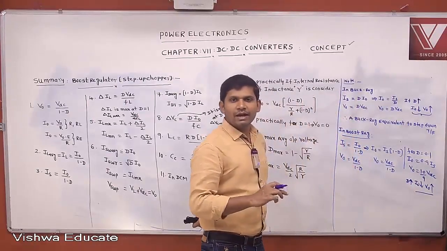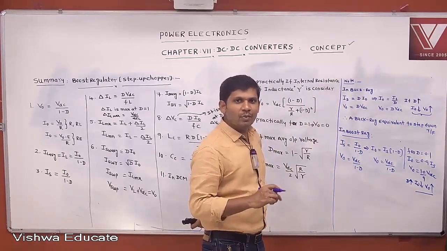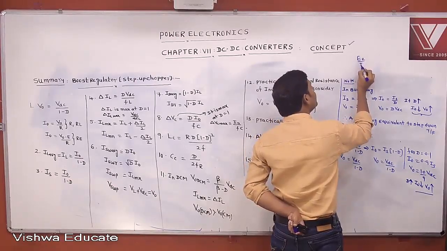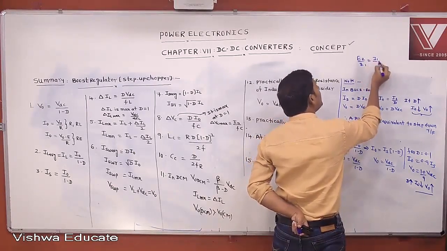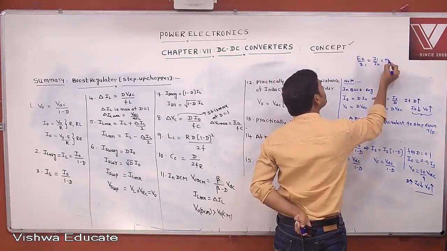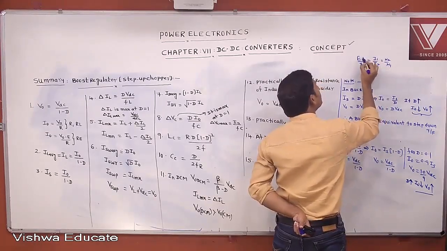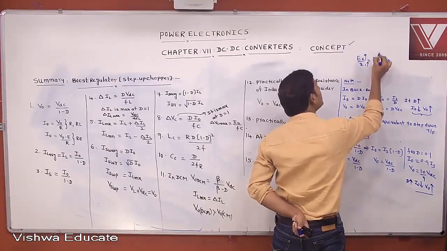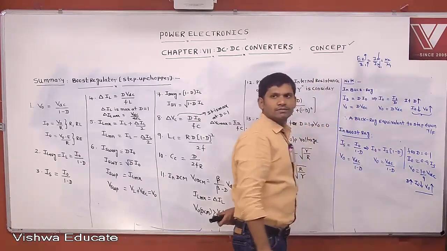The voltage and current ratios in a transformer are inversely proportional. That you know, E2 by E1 equals I1 by I2 equals N2 by N1. This is a relation. That means if E2 increases, I2 reduces. If V1 increases, I1 reduces. That is the meaning.